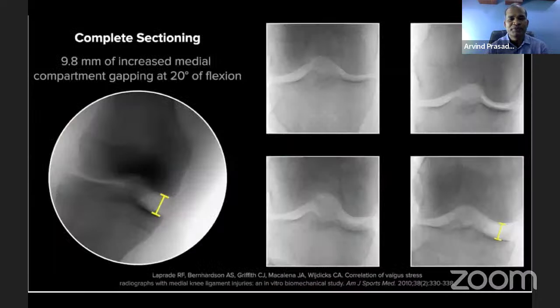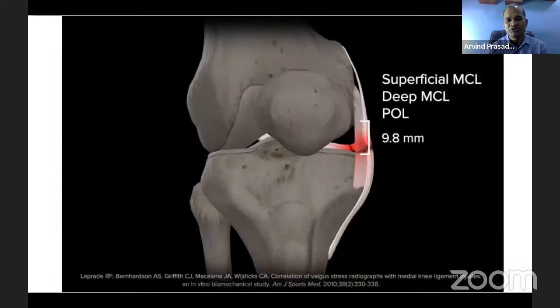And if the opening is almost 10 millimeter, almost 1 centimeter, it means injury to the superficial MCL, deep MCL and posterior oblique ligament. If the opening is only 3 to 4 millimeter, then it's injury to the superficial MCL only. That is grade 3, but it's grade 3.